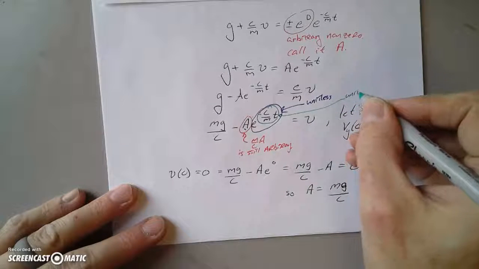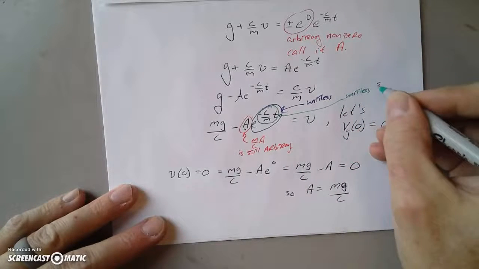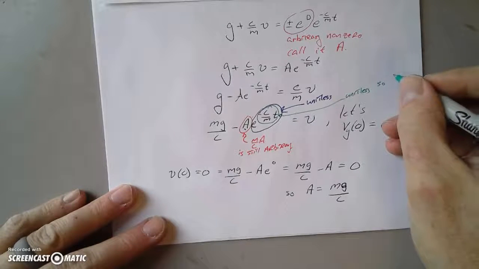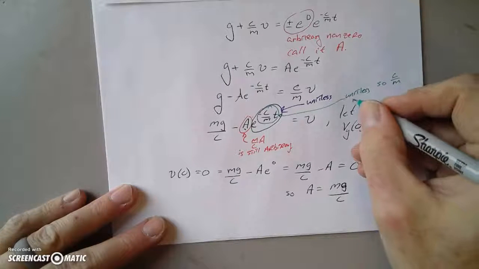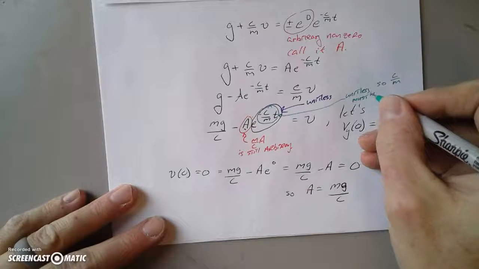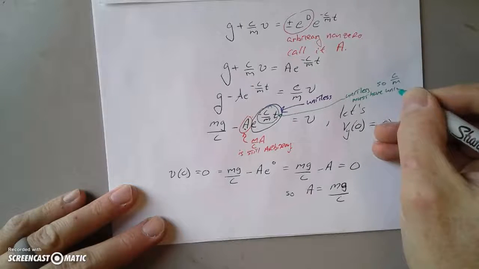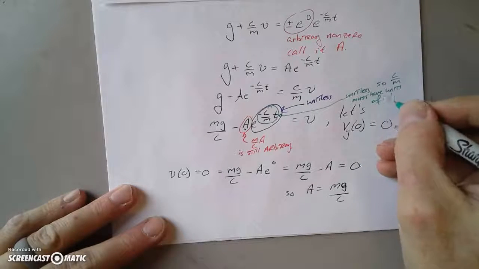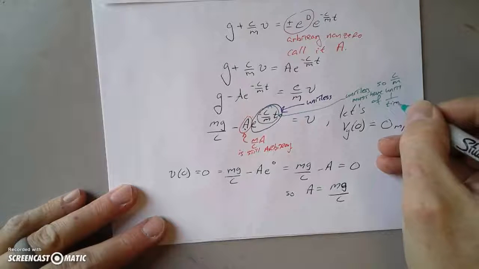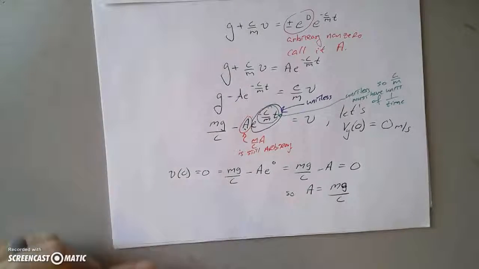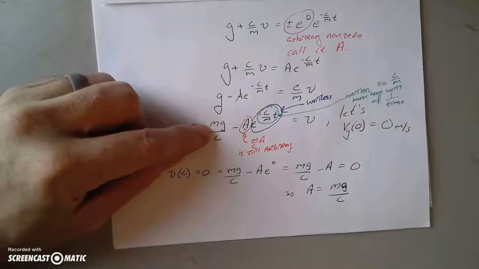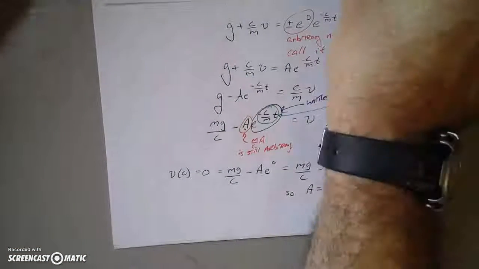So you could check your work. C over m must have units of 1 over time. And so, A must have units of mg over c. You can figure out what this is supposed to be, in fact.